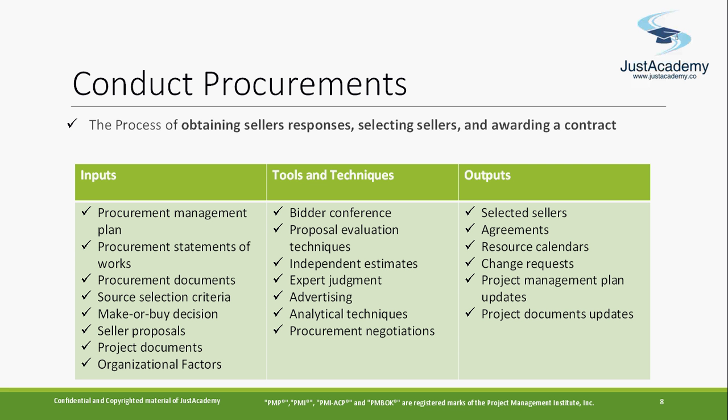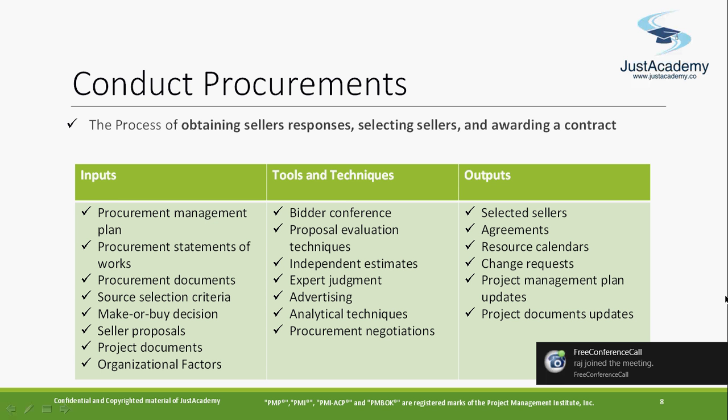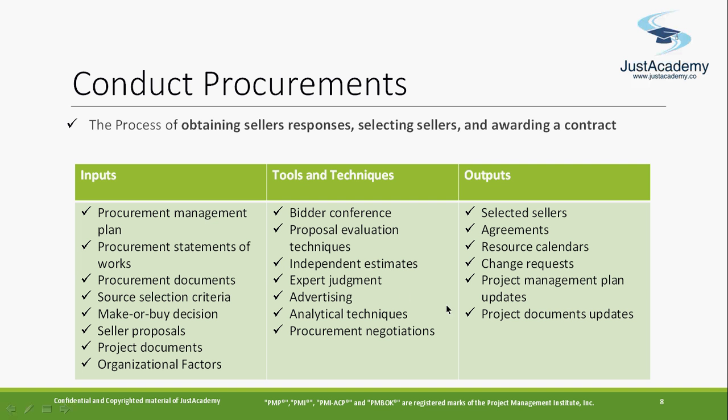Proposal evaluation technique is how you're going to evaluate it, by using manual evaluation against the requirements, or maybe you have different criteria based on which you're going to evaluate. Independent estimates: if any third-party estimates are there, they need to be taken care of. Expert judgment: take a subject matter expert on conducting the procurement, who can help you decide to whom you need to award the contract.